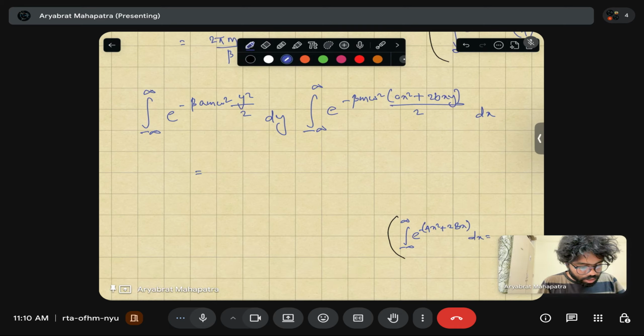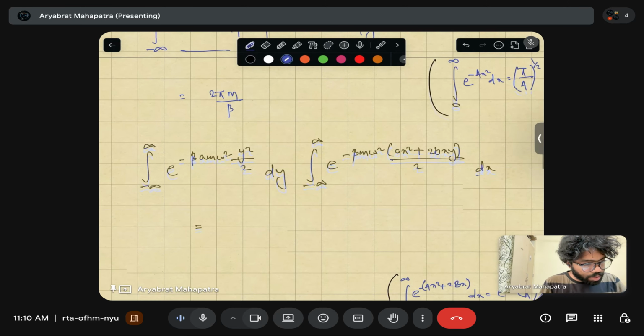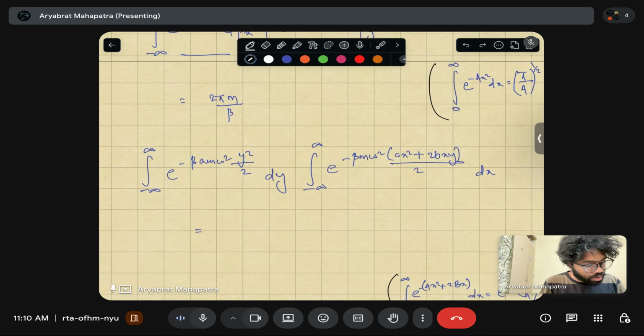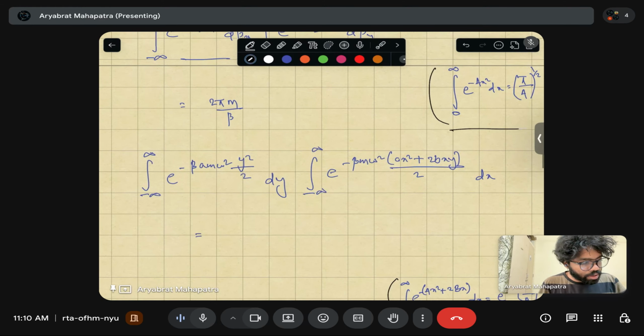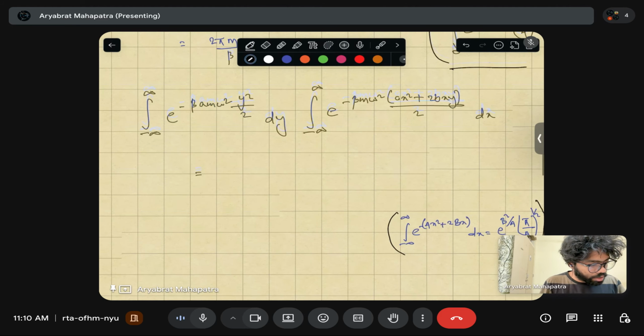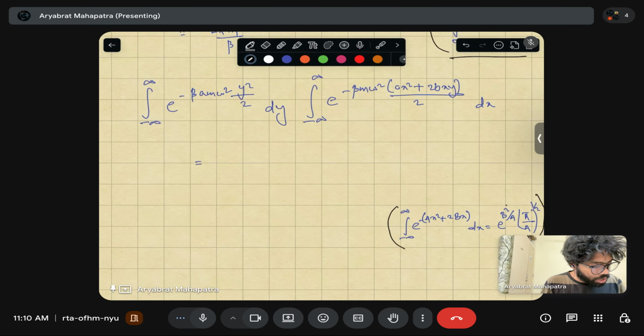Then this can be given as exponential of b square over a, then pi over a to the power half. This is quite similar to the relation over here, but there is an overall factor of exponential of b square over a.